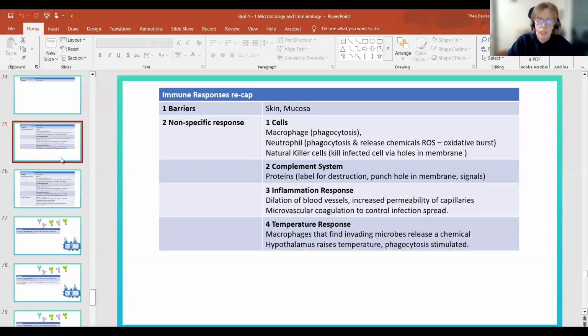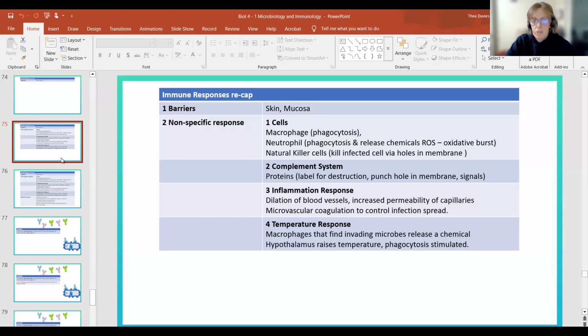Things like the macrophages and neutrophils will detect these signals coming from the area of infection, from the pathogen that's been labeled up with the complement proteins. They're called complement because they complement the cellular response. They're in addition to the cellular response. And then the third non-specific thing that happens is we have this inflammation response.